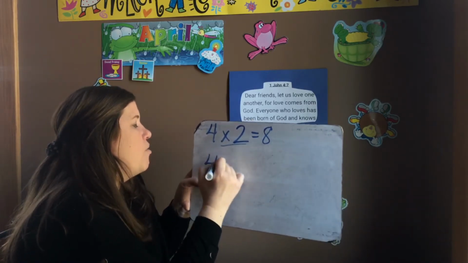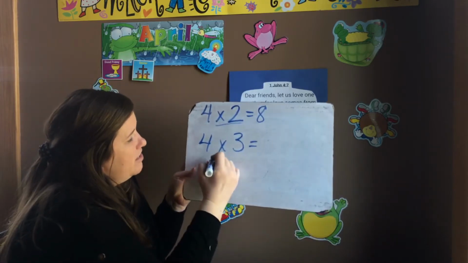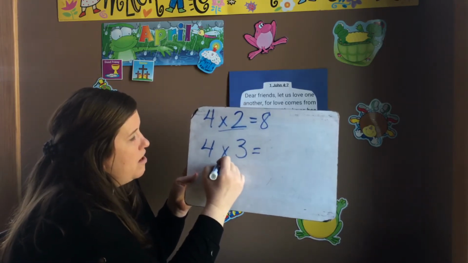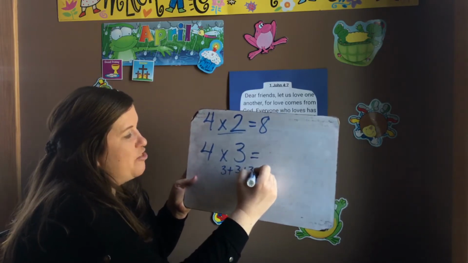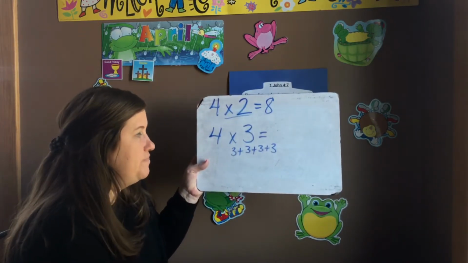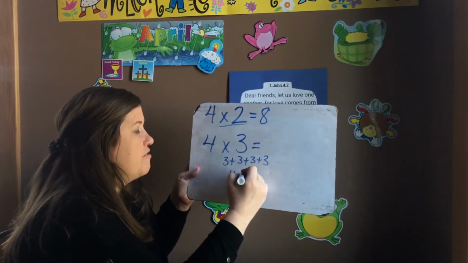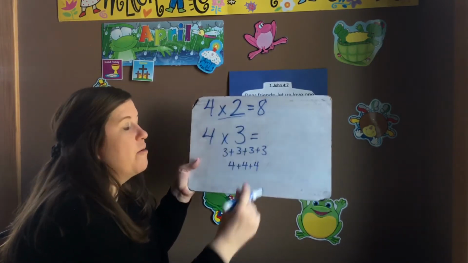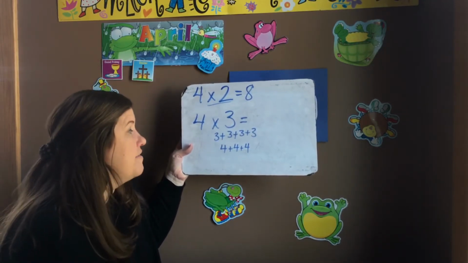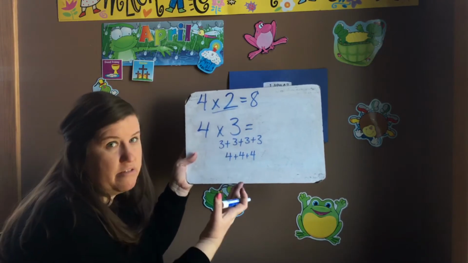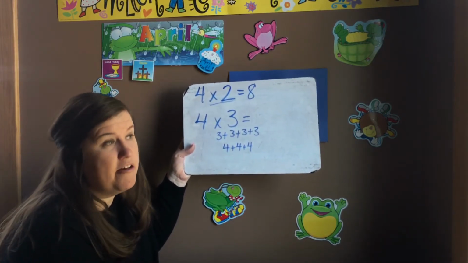But what about 4 times 3? Okay, so we can say 4 sets of 3. We can add 3 a bunch of times there. Or we could do 4 3 times. Now, way back at the beginning of the year, we tackled a difficult task of counting by 3s and 4s. This could help you right now.